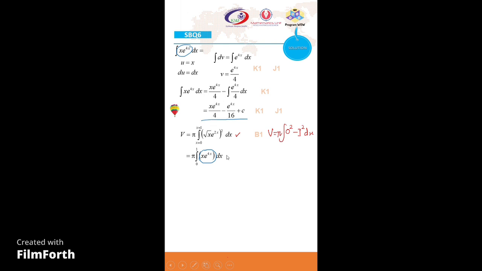So you can proceed with the solution. You use the solution from your previous integral, substitute the upper limit into x, and then subtract the result of substituting the lower limit into x. Then you calculate the value, and you will get the final answer, and the unit is unit cube.